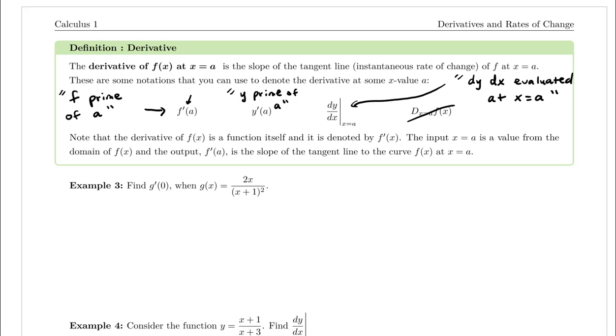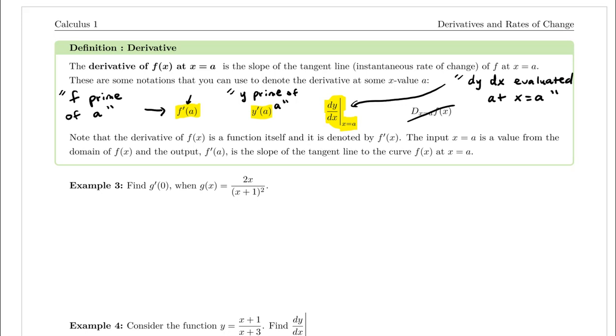And this one is a common notation. So these three here, f prime of a, y prime of a, and dy dx evaluated at x equals a are all derivative notations that we will be using moving forward.